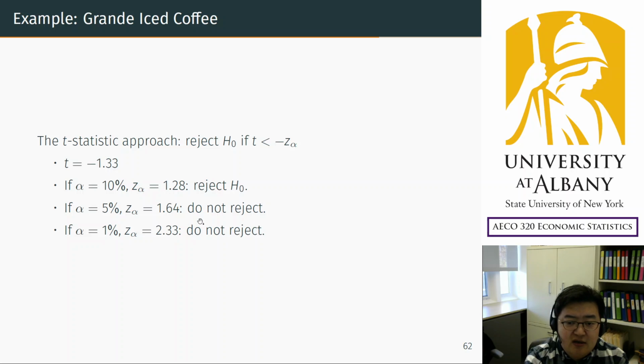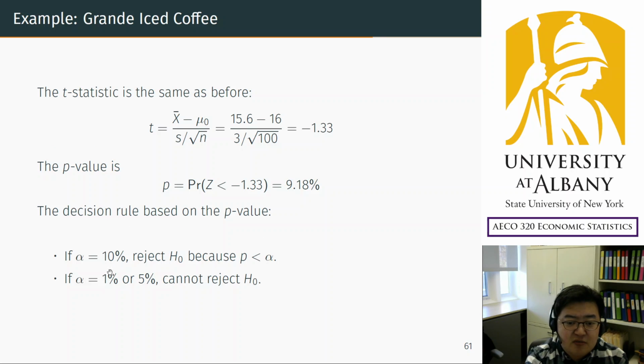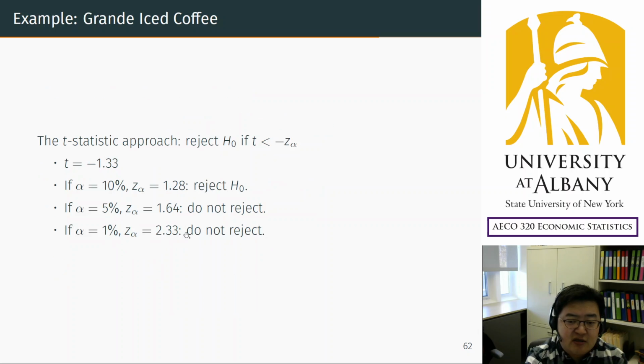And as you see, the decision results must be the same. Rejection at 10%, but not at 5 and 1%. So the t-stat and p-value approaches are equivalent as they should be.